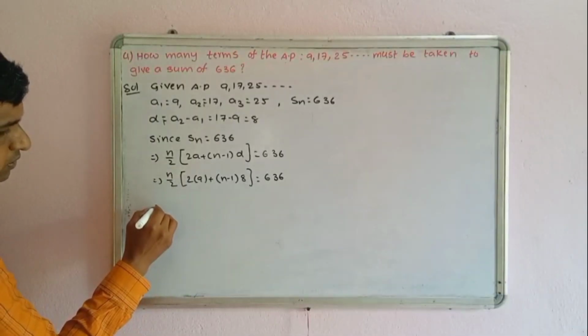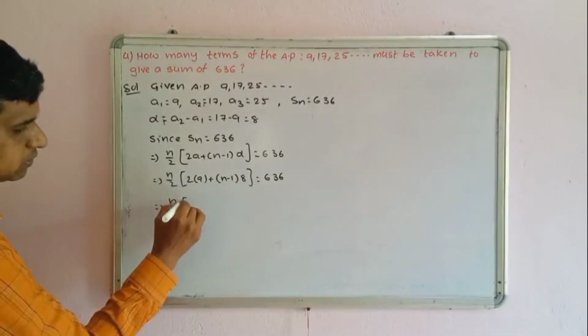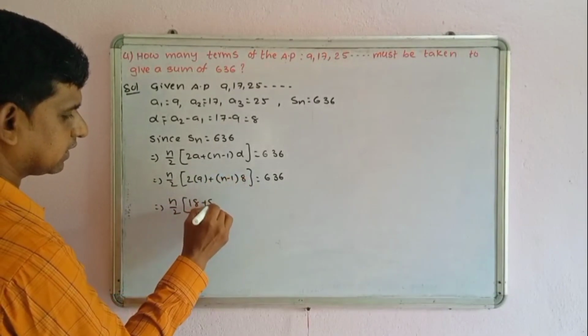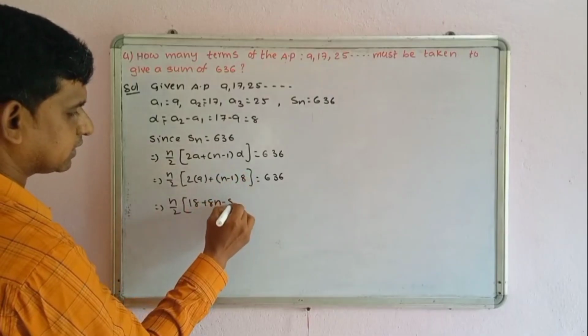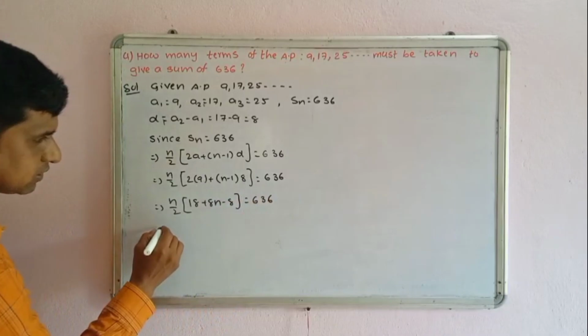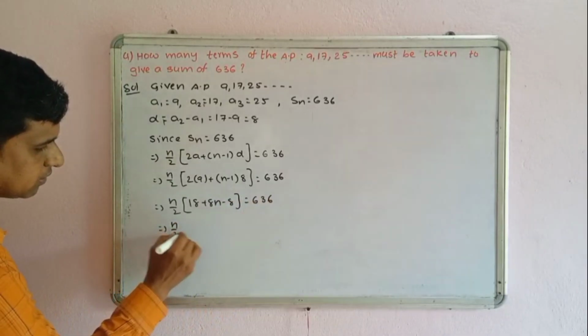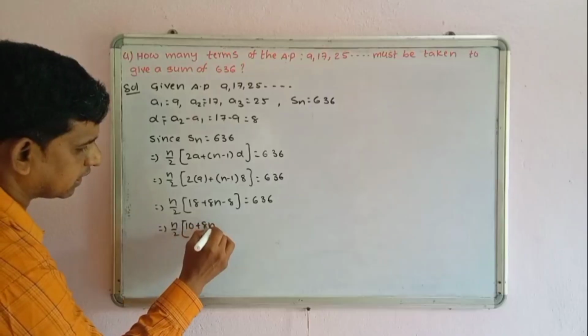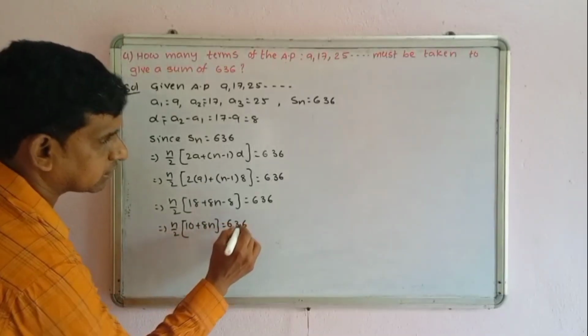So n by 2, 9 twos are 18, n into 8 is 8n, minus 1 into 8 is minus 8, equals 636. So n by 2, 18 minus 8 is 10, plus 8n equals 636.